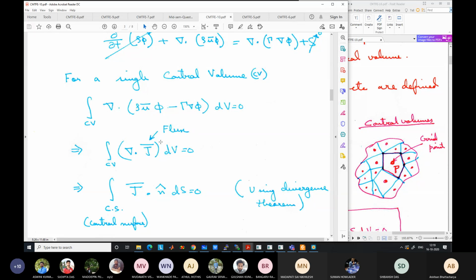So this can be written as the integral over the control surface of J dot n dS, where n is the normal to the control surface. Say if you have a very arbitrary surface, at each small location you have to find what is J dot n dS.